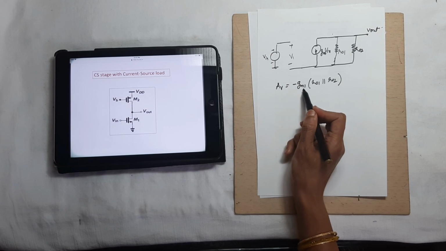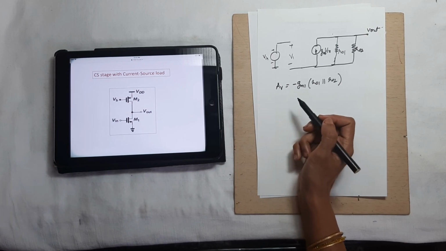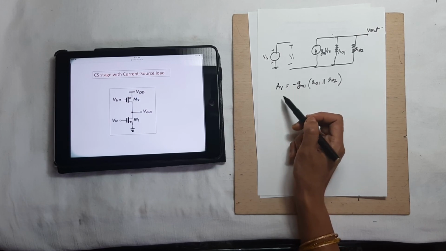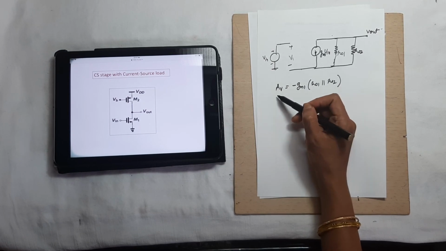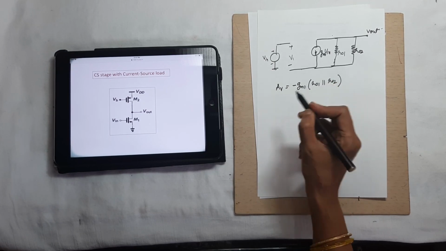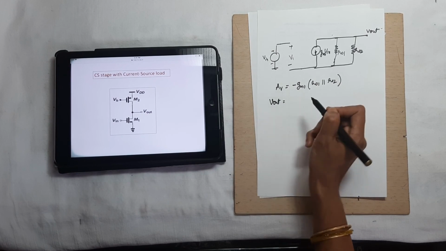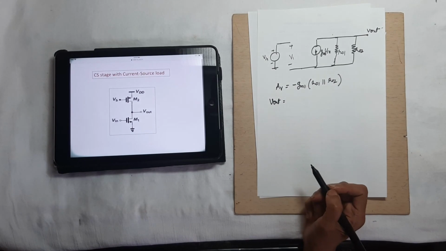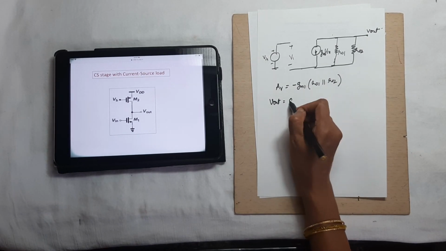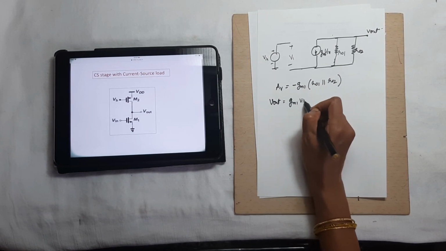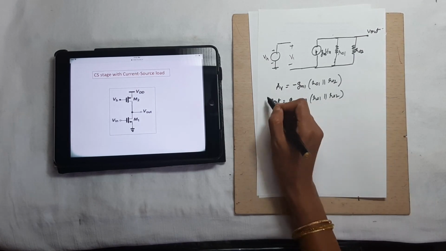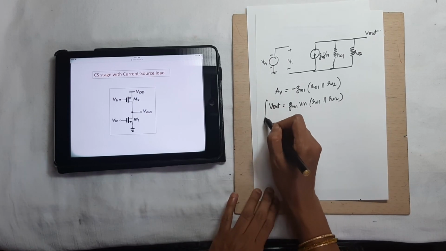Why AV is equal to minus gm1? We have used this before, that is Vout by Vin. AV will be equal to Vout by Vin. So here Vout is equal to what? It is current multiplied by the resistance. The current we have is gm1 into Vin, and the resistance is r01 parallel to r02. So this is for your reference.